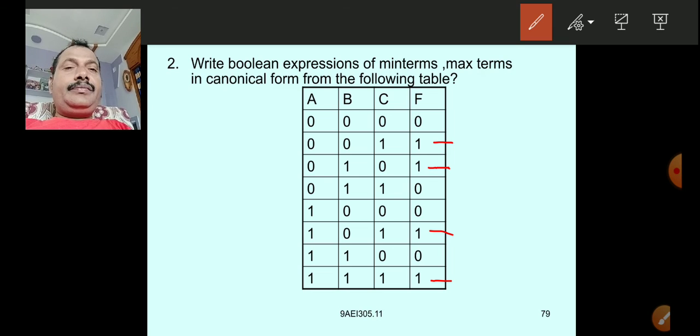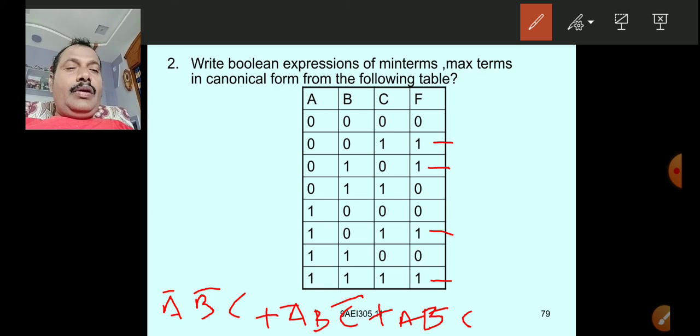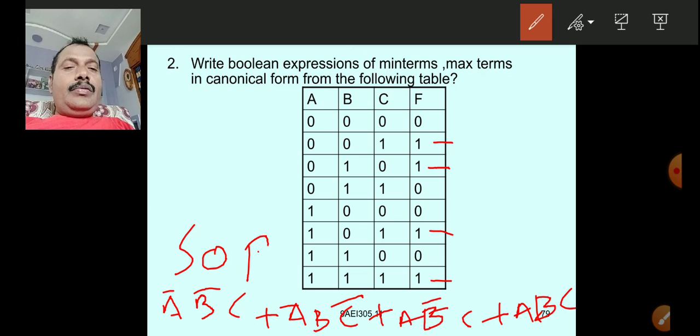A bar, B bar, C, plus A bar, B, C bar, plus A, B bar, C, plus the last one, A, B, C. So this is the SOP form, the standard canonical form of SOP, sum of products.